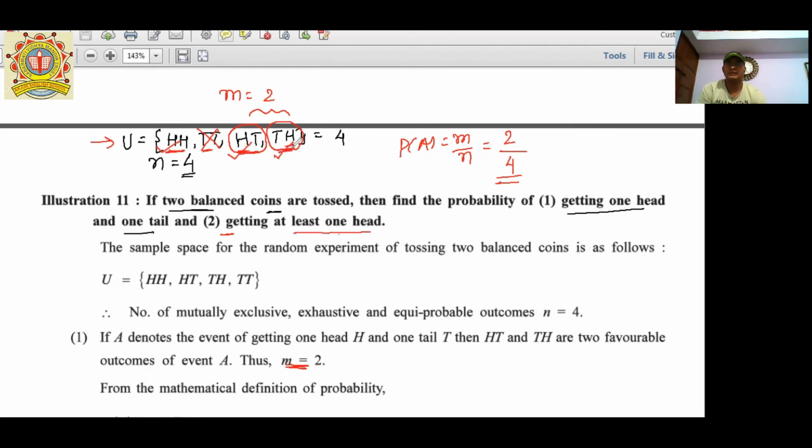So in the second point, m is equal to 3. And at last, P of B is equal to m divided by n, where m is equal to 3 and the total number of outcomes is 4. So this is for the second question and this is for the first question. Got it?